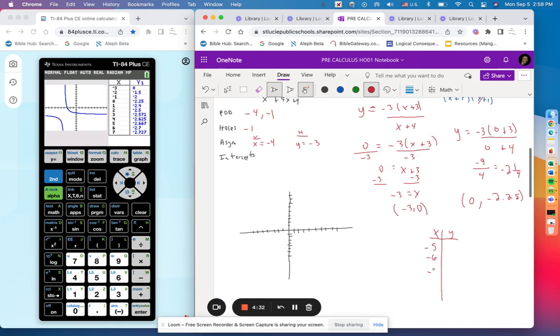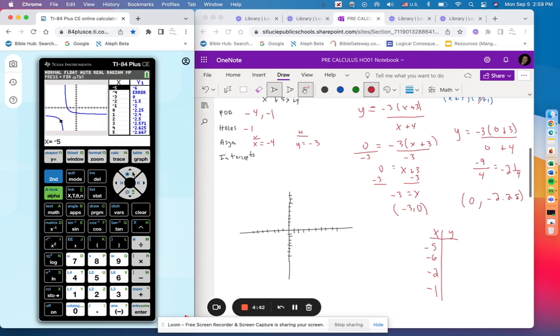So let's pick -2 and -1. Those are my values. And if I go over here to my table, I'm just going to scroll up a little bit to get all of them. So -5 is -6. -6 is -4.5. So forth and so on.